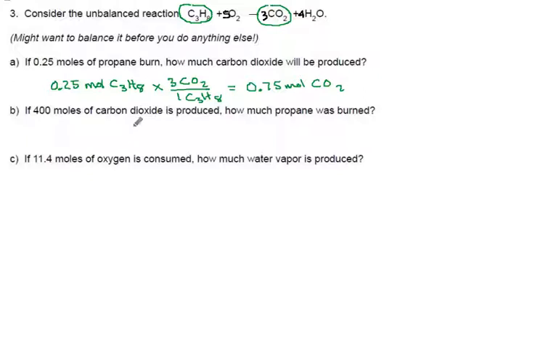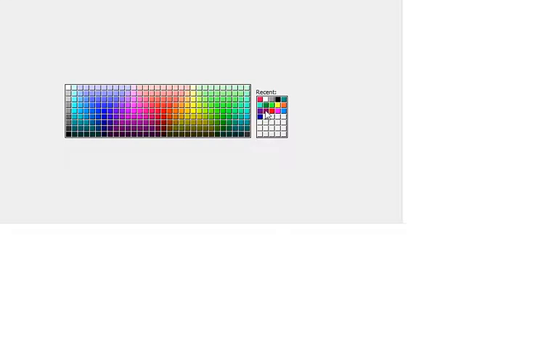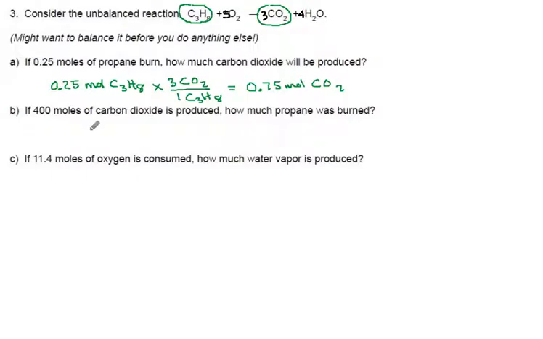400 moles of carbon dioxide, how much propane? Well, again, we're talking about propane and carbon dioxide, so again, we need the propane number and the carbon dioxide number. But I promised you some variety in the solution method, so let's do cross-multiplying for a few of these. According to the reaction, 1 mole of propane means 3 moles of CO2.